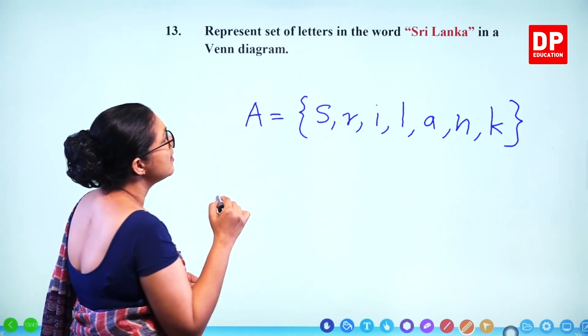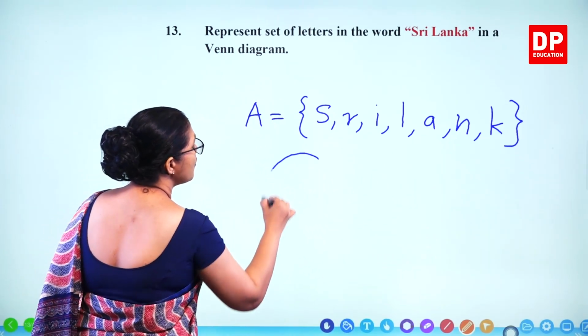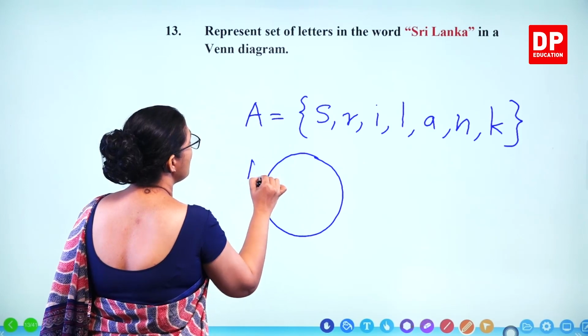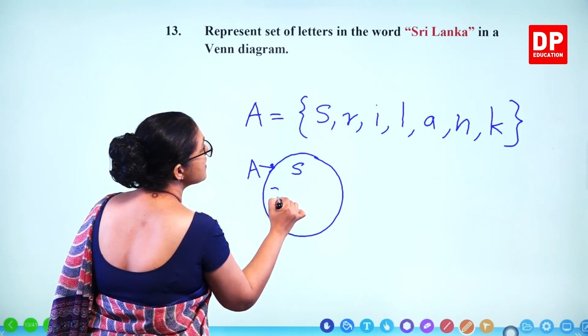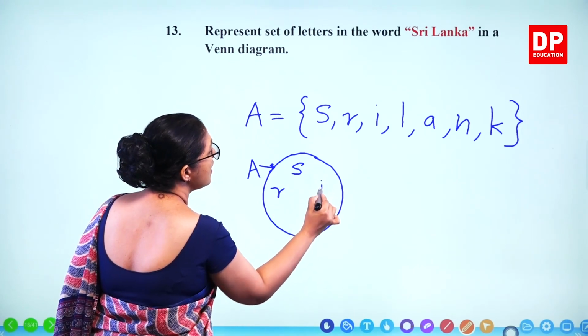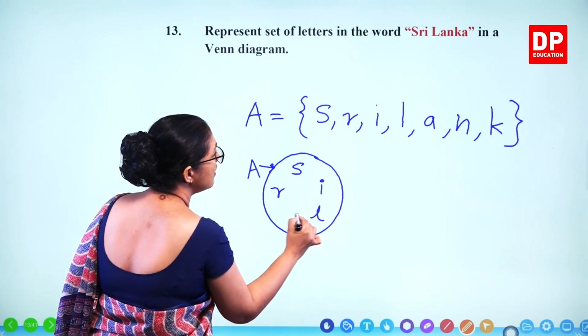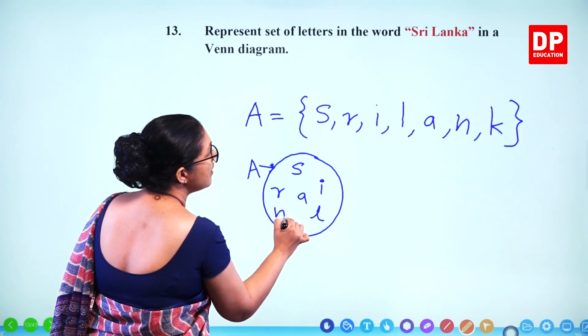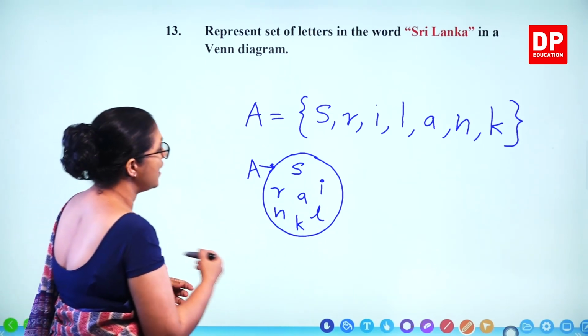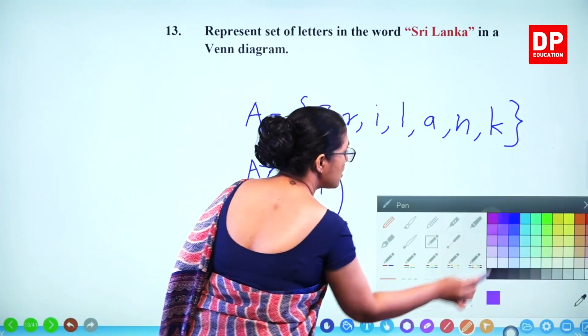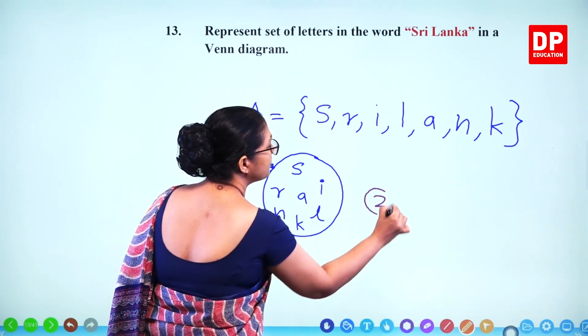So those are the letters. So you can draw a closed figure and label this as A and put all the letters S, R, I, L, A, N, K. So that's the Venn diagram. So you get 2 marks.